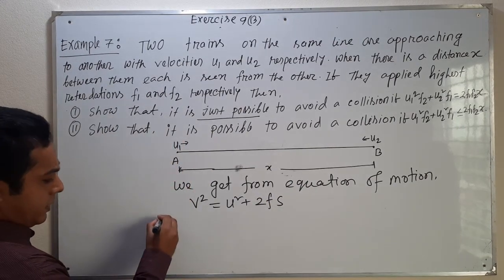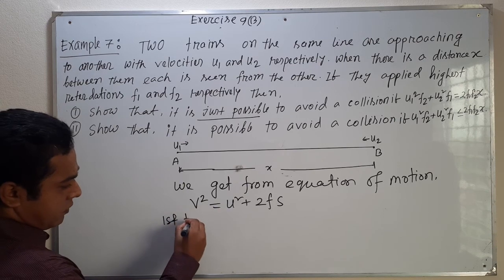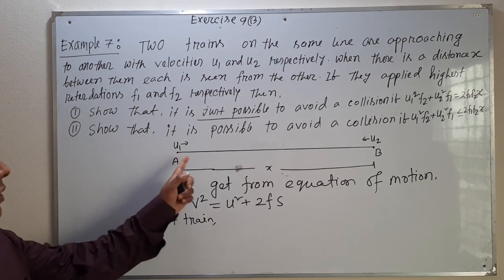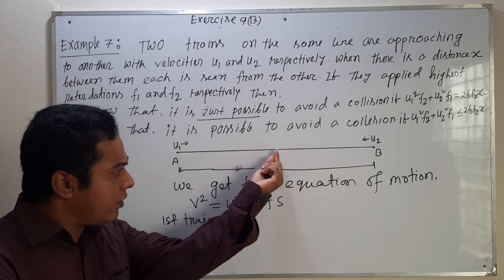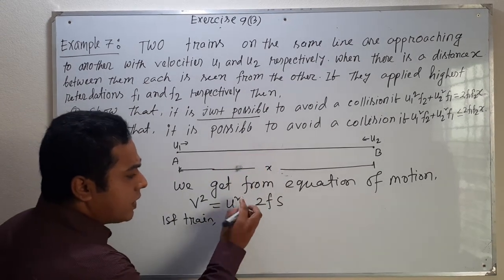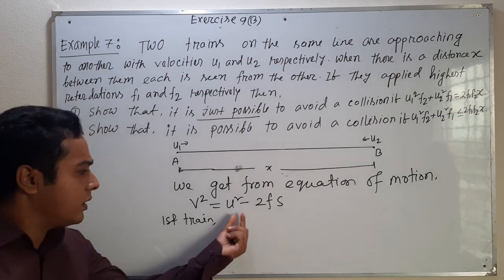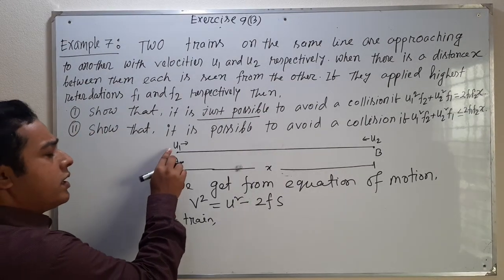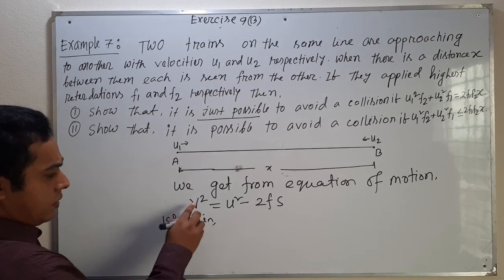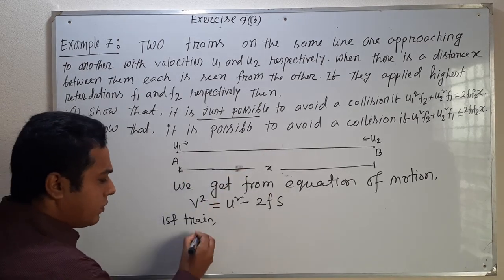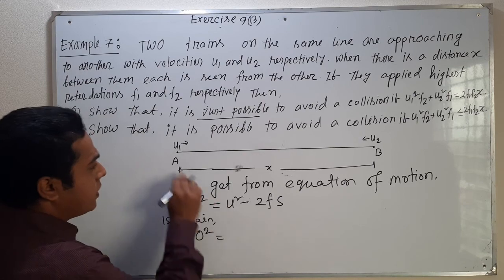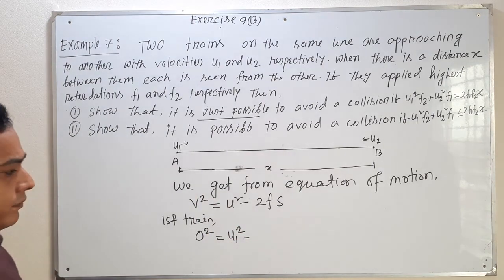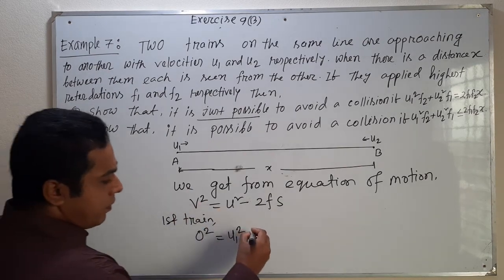Because it is a retardation, the sign will be negative. For the first train, the initial velocity is u1 and the final velocity is 0, so 0 square is equal to u1 square minus 2 f1 s1.